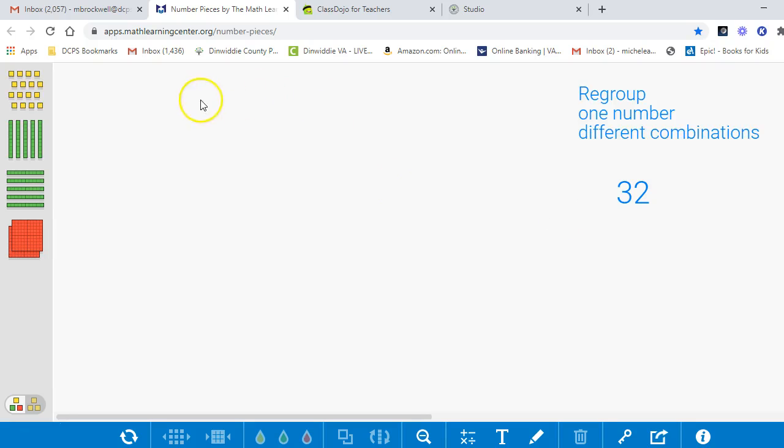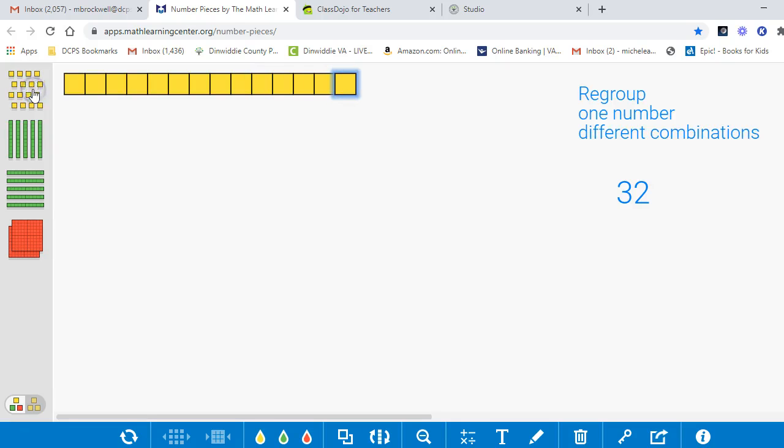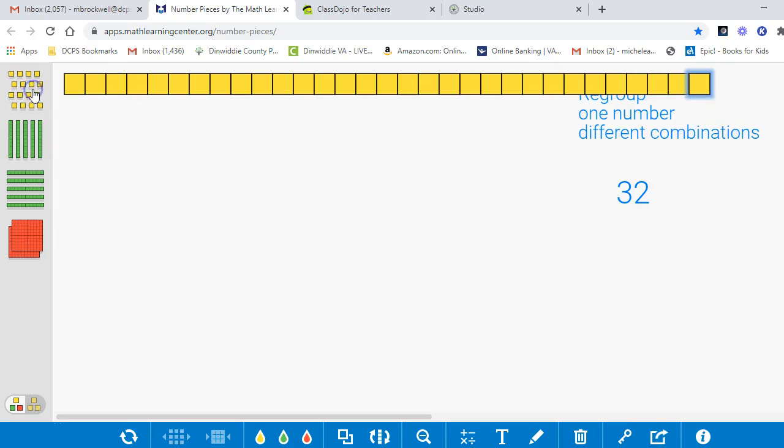All right, now the longest one, the one that would take the most time, would be counting your cubes one at a time, right? 1, 2, 3, 4, 5, and so on, up to 32.